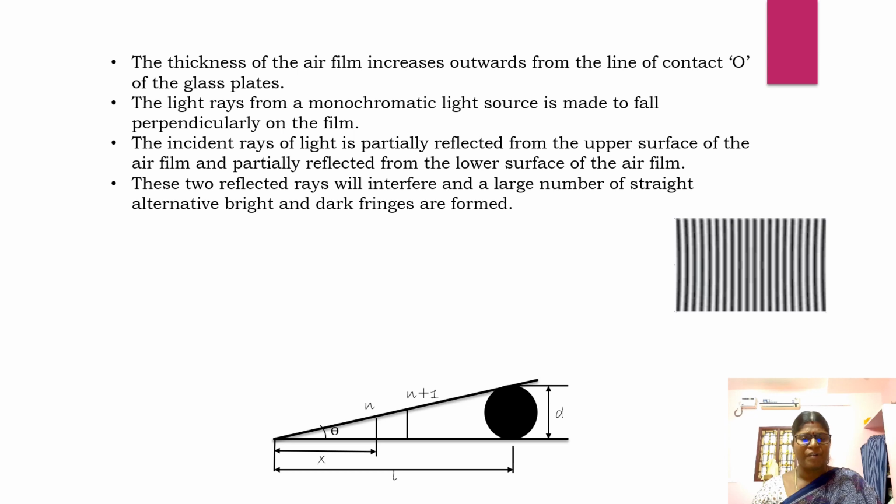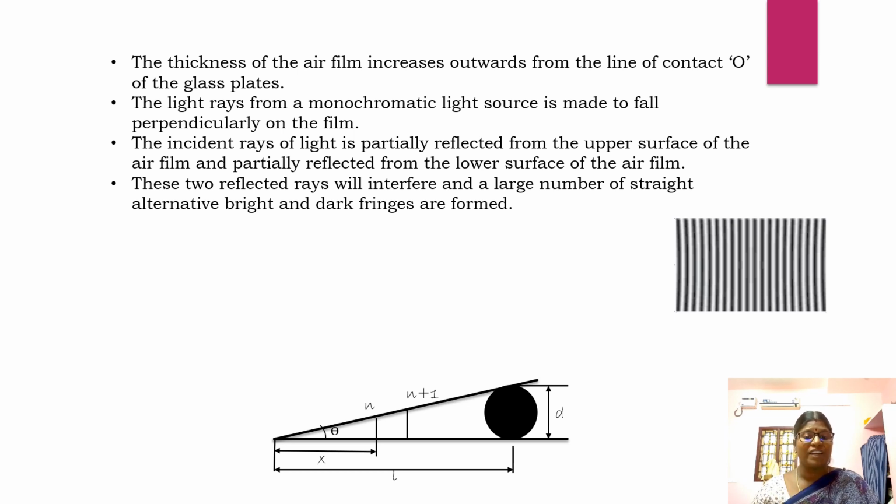The light ray from a monochromatic source is made to fall perpendicularly on the air film. The incident ray of light is partially reflected from the top surface of the air wedge as well as partially reflected from the bottom surface of the air wedge.